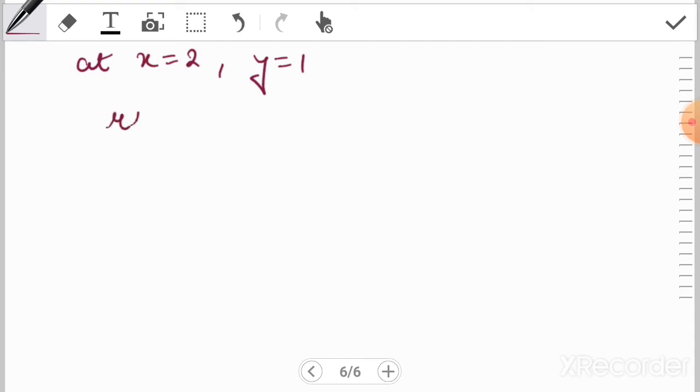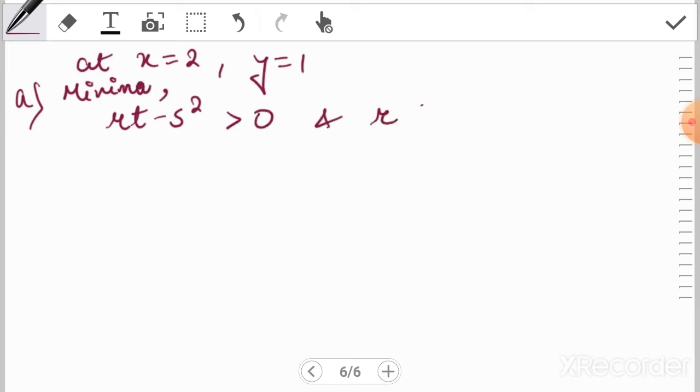So for the case of minima, we have rt minus s square greater than 0 and r greater than 0. So 48a minus 4 should be greater than 0. So a is greater than 1 by 12.